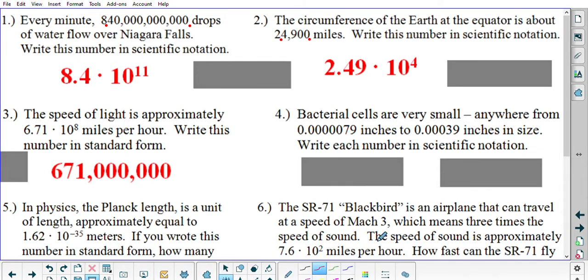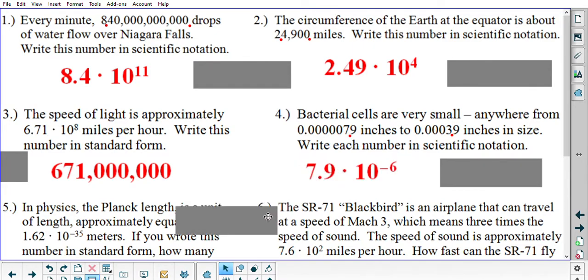The first one, decimal point needs to go between the 7 and the 9. The second one, likewise, it needs to go between the 3 and the 9, so that way we have a number between 1 and 10. How many digits do we have to account for on the first number? Well, there were 5 zeros to the right of the decimal point where it used to be, but also the digit of 7 that we have to account for. So that is 7.9 times 10 to the negative 6 power.